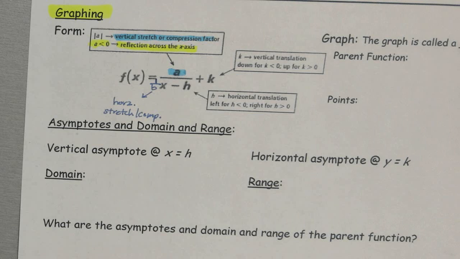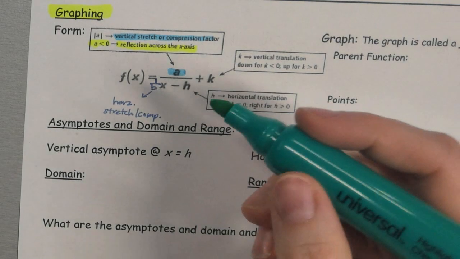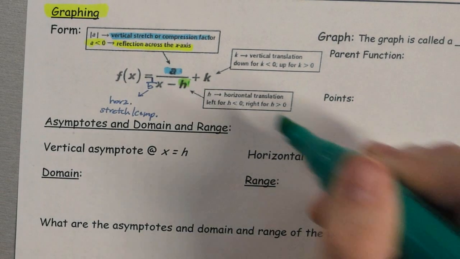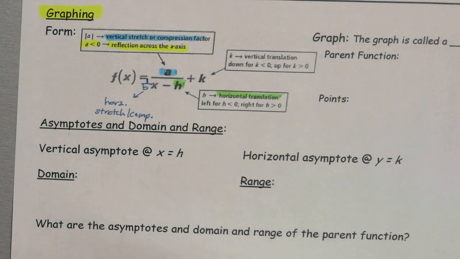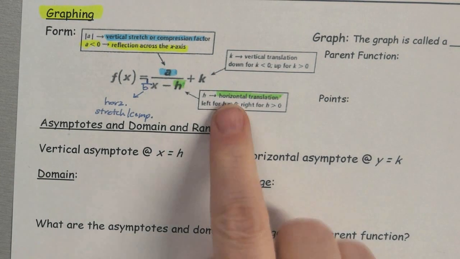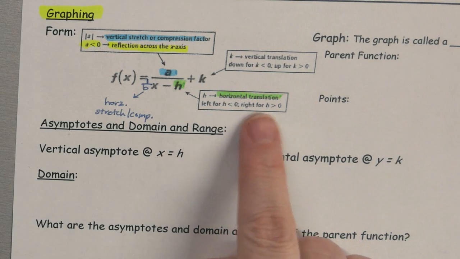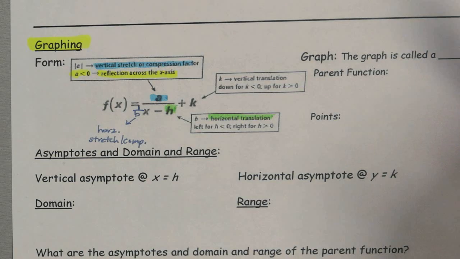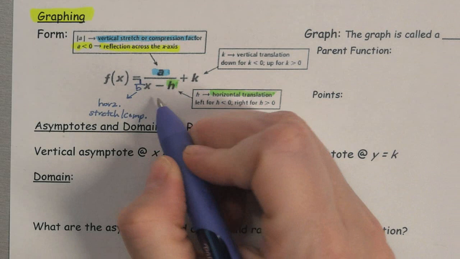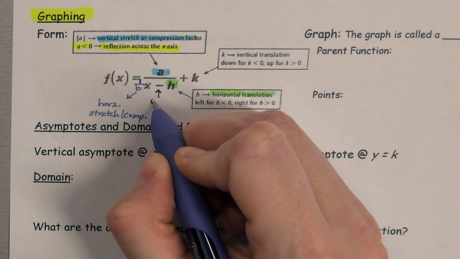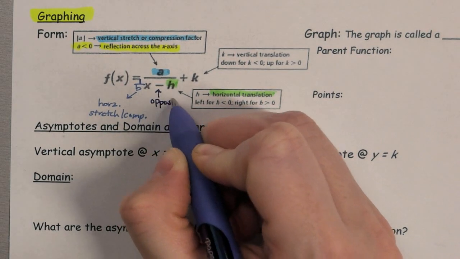The main parts we're going to focus on today are the translations that are horizontal and vertical. So you have the h value here. That's a horizontal translation. Okay, and then it's left when the h value is negative, right when the h value is positive. So we're going to talk about the h values. Just remember this minus here also means the opposite.